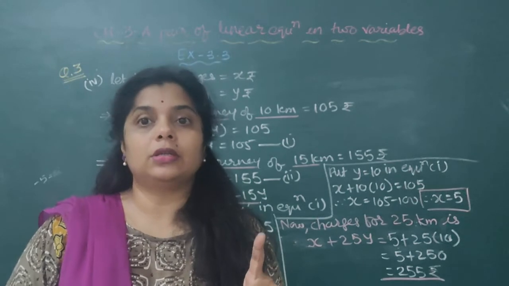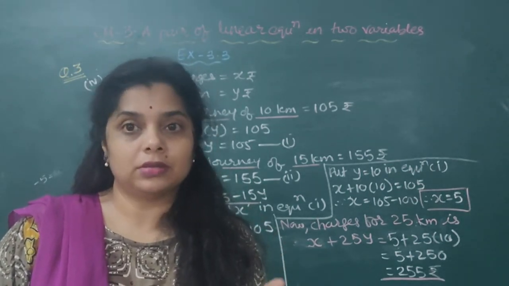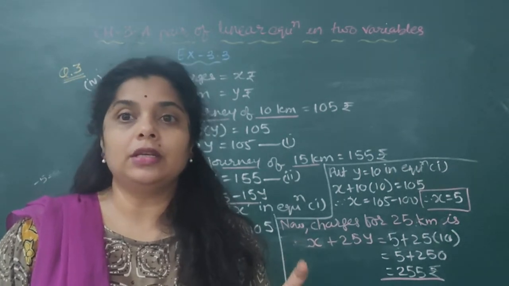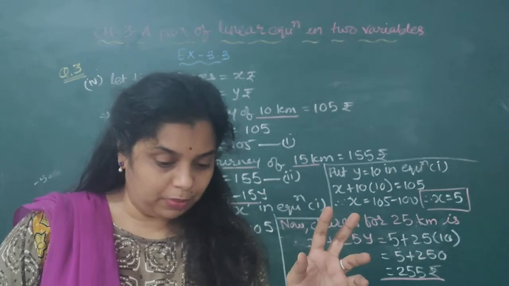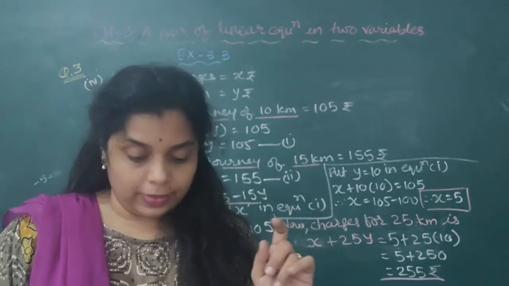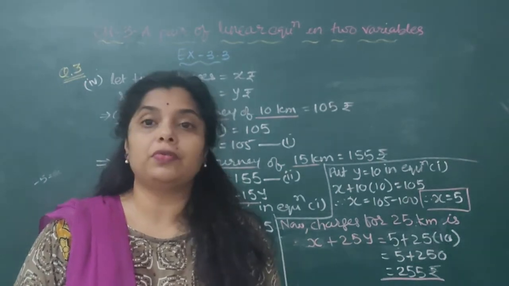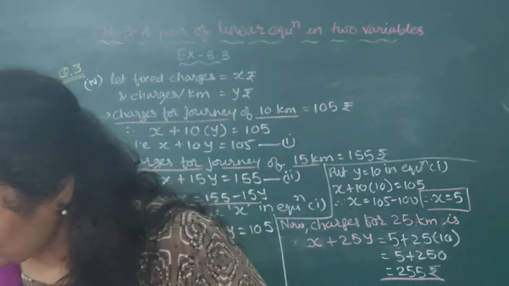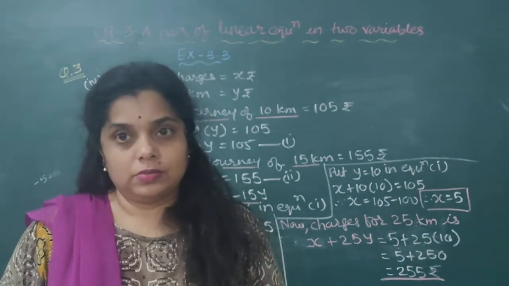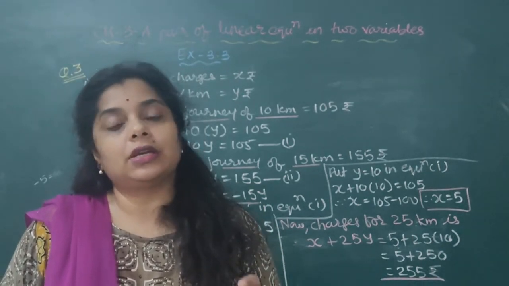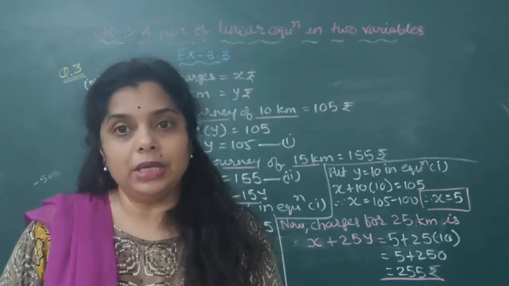First is the taxi having a fixed charge along with a variable charge. Second, for 10 kilometers the payment is 105, and for 15 kilometers it is 155. Then we have to find two answers: the fixed charge and variable charge, and the second is how much one should pay for a 25 kilometer distance.